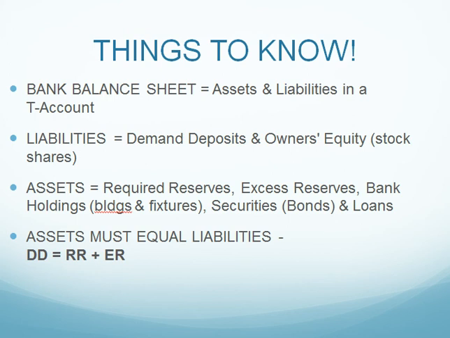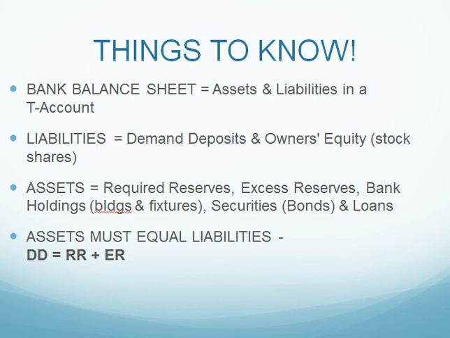Assets, which contribute to the bank's total wealth, include the required reserves, which they have to hold on to, the excess reserves, which they can use to lend money, bank holdings or buildings and fixtures, and securities, which are bonds, and loans.